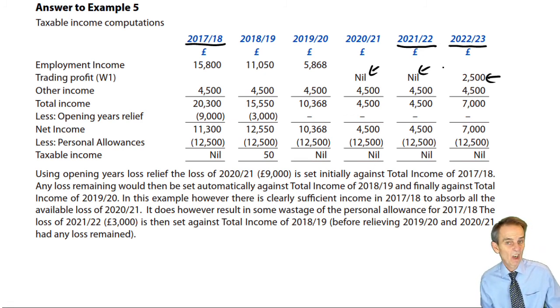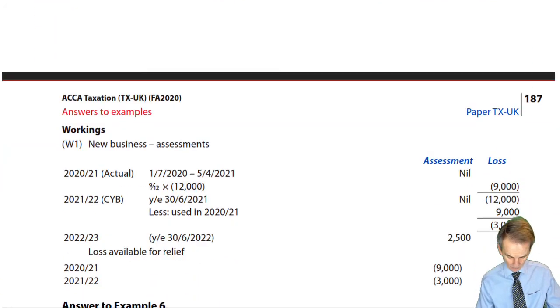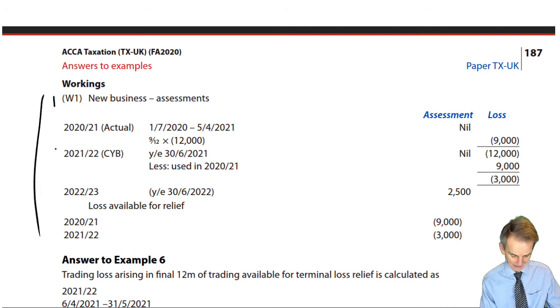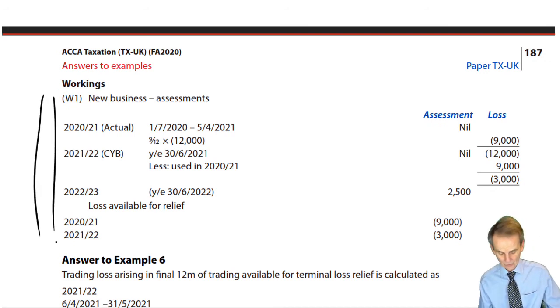But the rest of it is copy it in. The employment income figures taken from the question. The other income, I think it was probably property income, but other income there taken from the question. The trading income figures, you had to do the workings we've just explained. There they are. Hopefully you've gone through them and you see what we have.